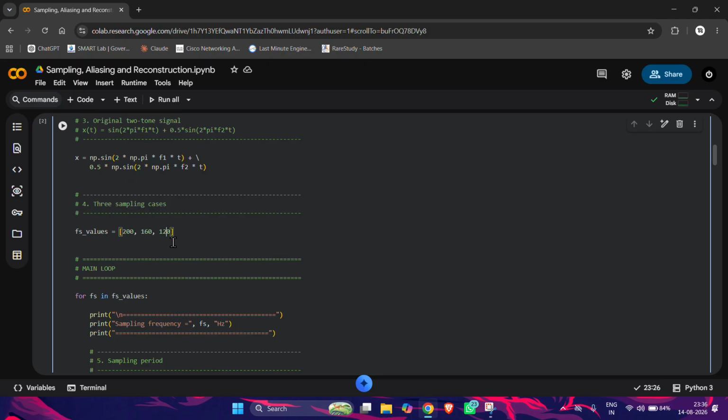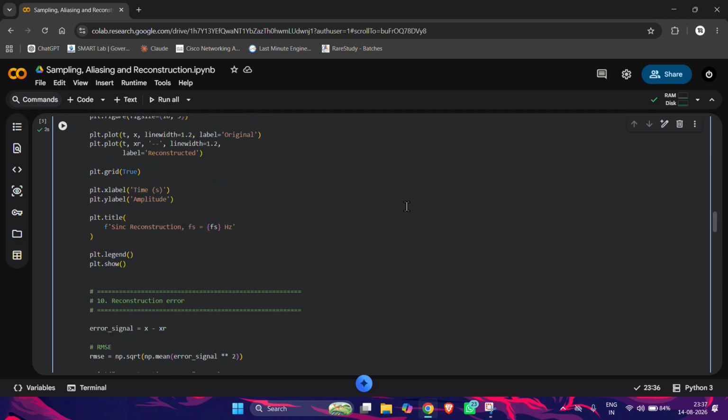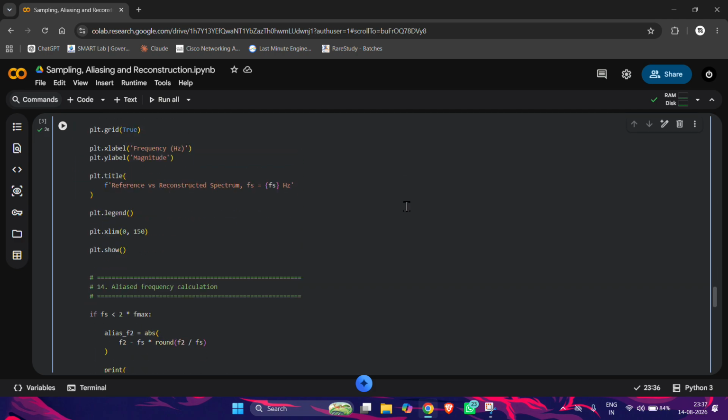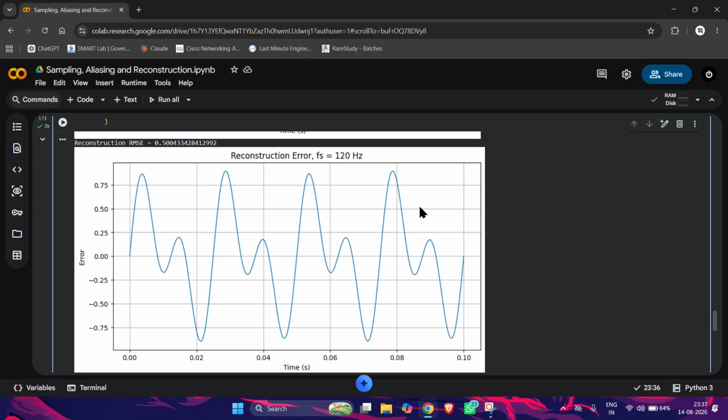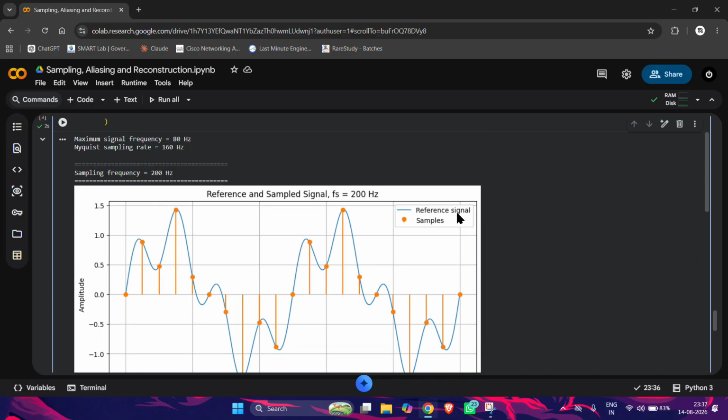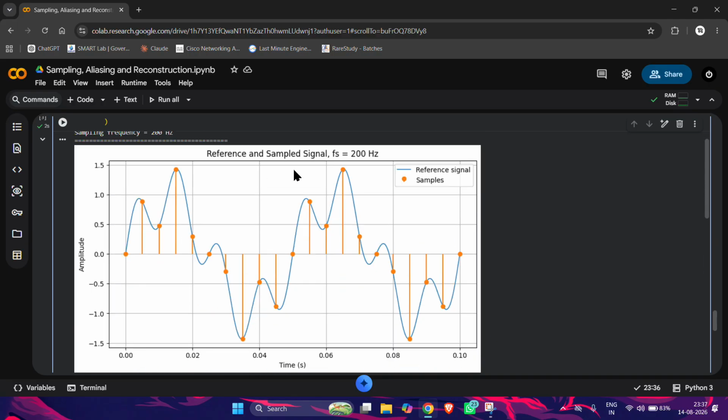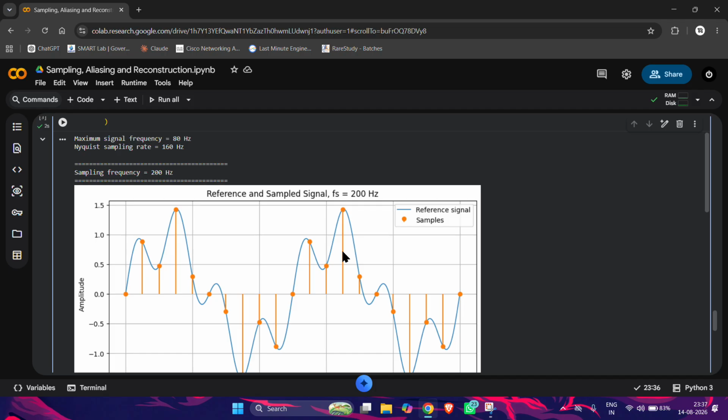Now by running this, we will observe some changes in the waveforms, and they will not be like the previous ones which we obtained for 50 and 100 Hz. See the changes that you can observe here for 20 Hz and 80 Hz as our input frequencies, such that the maximum frequency is 80 Hz and the Nyquist sampling rate becomes 160 Hz.